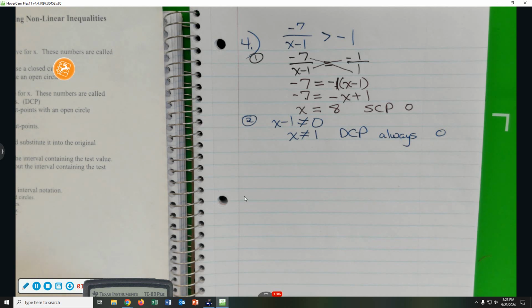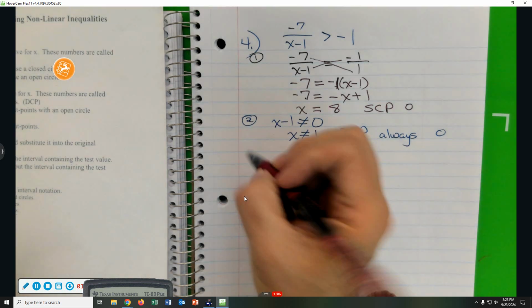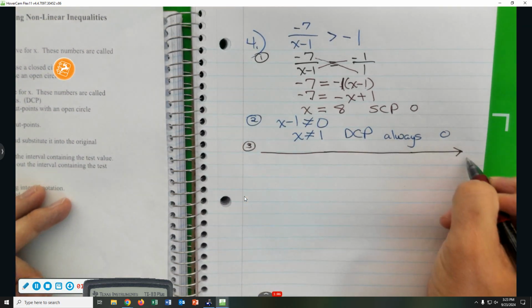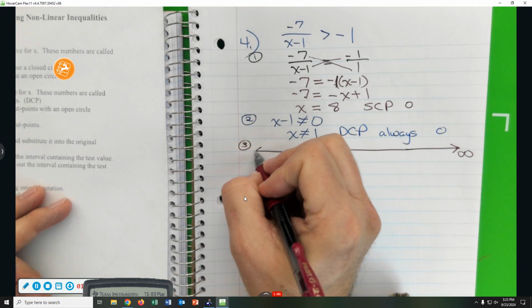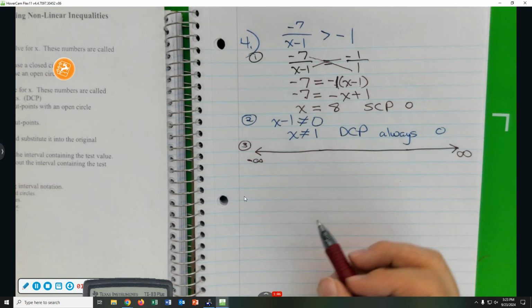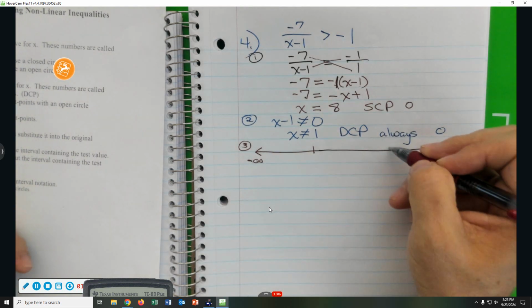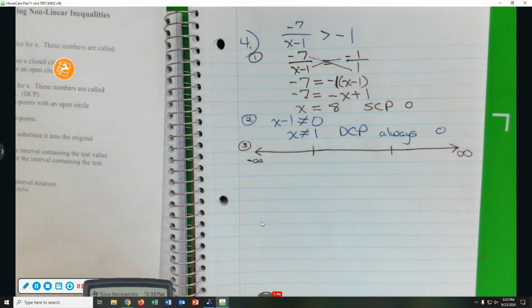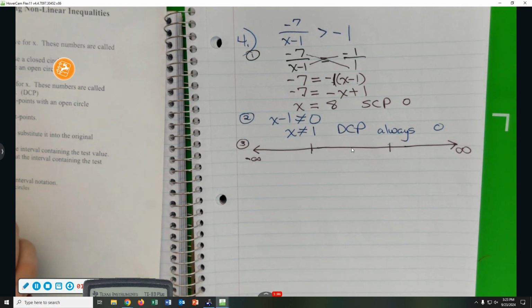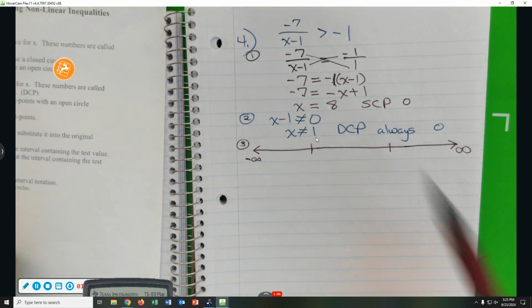Step number 3. What do we do? Number line. Draw a number line. And we have our two cut points, 8 and 1.